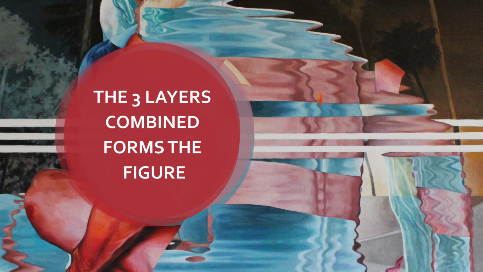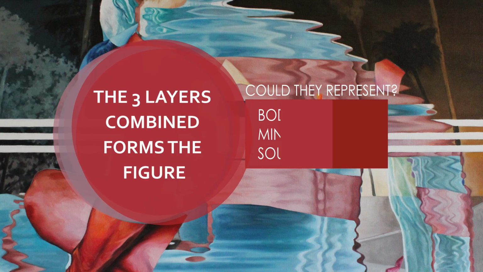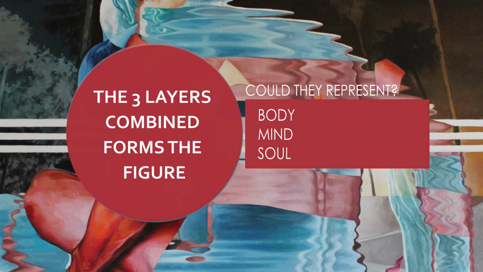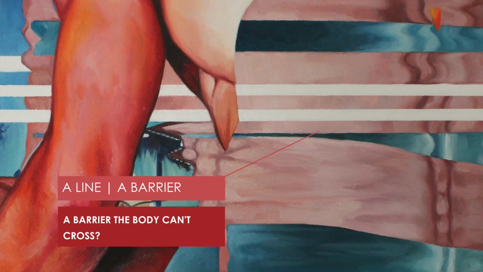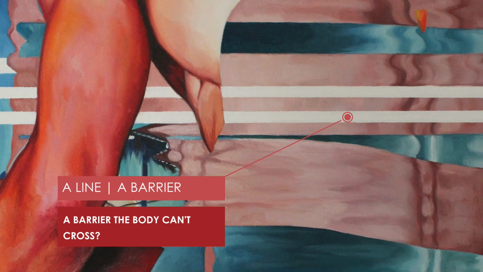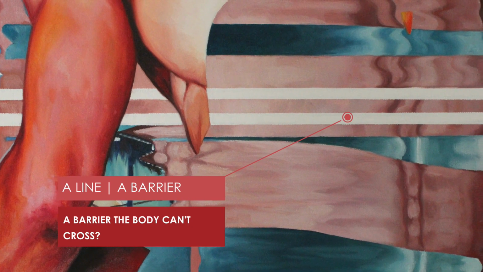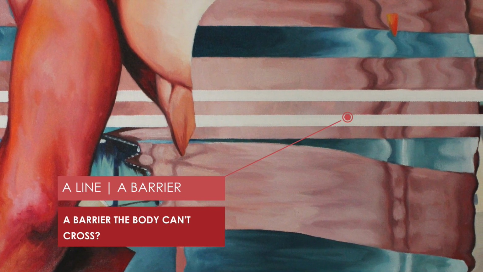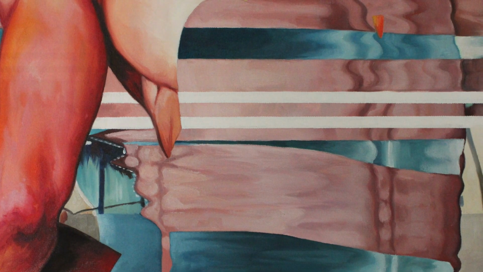Perhaps key to understanding the interplay and meaning of these three layers are the three very strong white lines that run across the painting and intersect with the three layers of the body differently. As we discovered in another video, lines in Eksteen's work represent boundaries, something that's in the way, or something that has to be overcome.